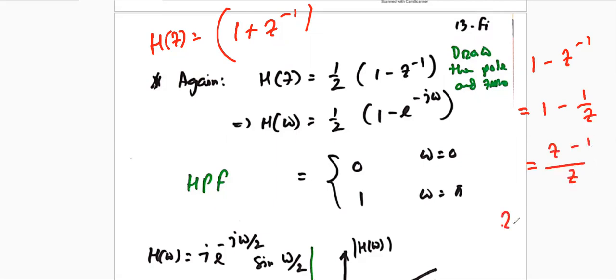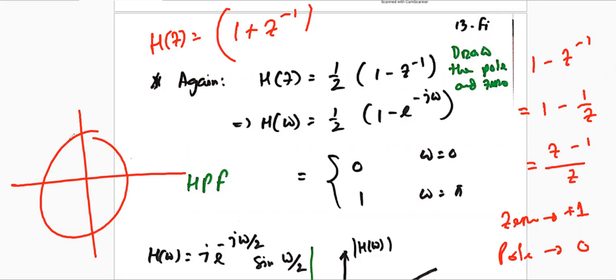Where is the zero location? The zero location is at 1, and the pole location is definitely at 0. If I draw it here, the zero is at 1, I have shown it, and the pole location is at 0. From there, you can understand very quickly that it is a high pass filter. To normalize the things, again, we need to multiply it with half.